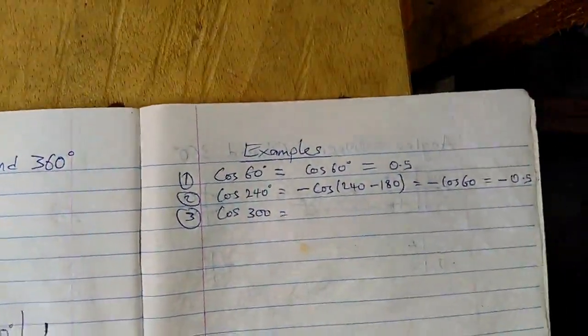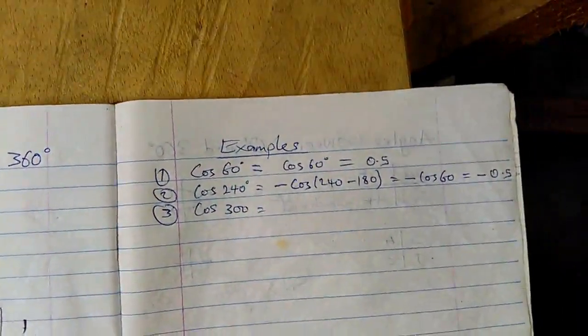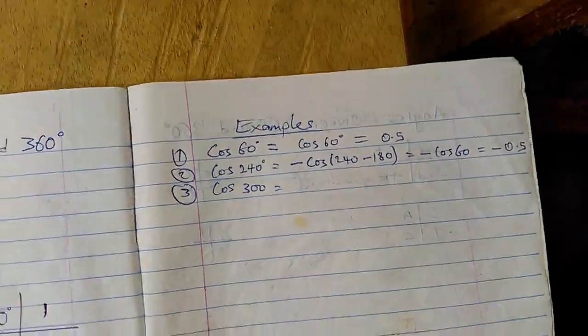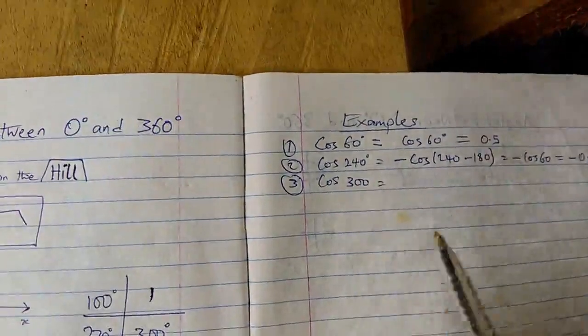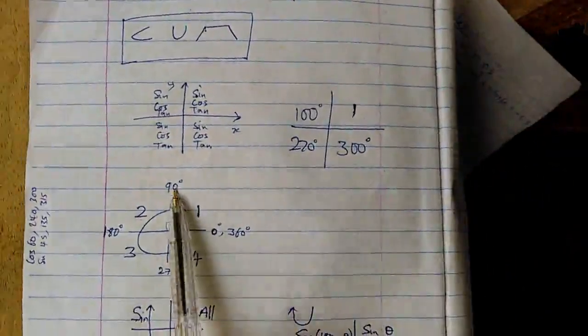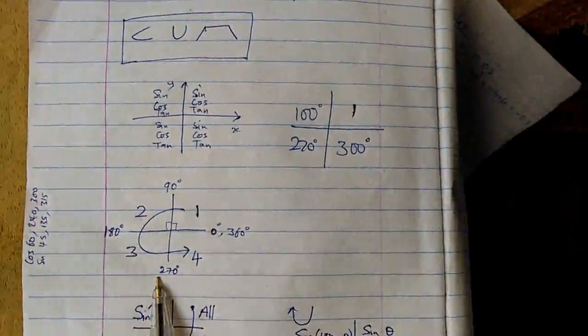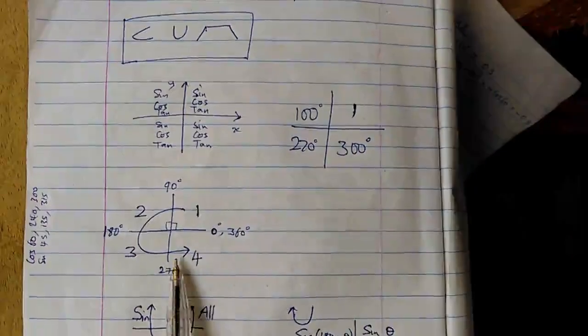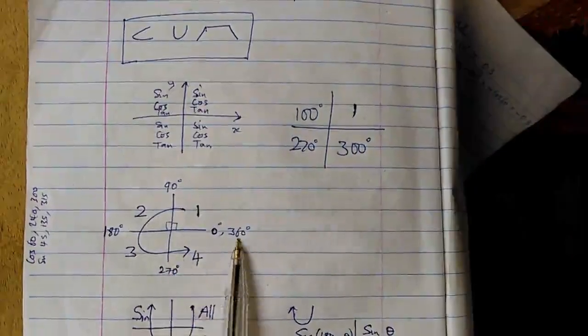First thing you consider is where is it found in the quadrants? 300 degrees. Let's see in the quadrants. This 90, 180, no, it's more than that. 270, it's more than that. 360, it's not up to that. So it's in between 270 and 360.